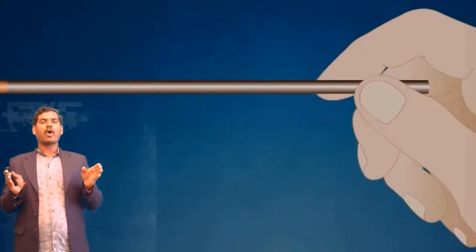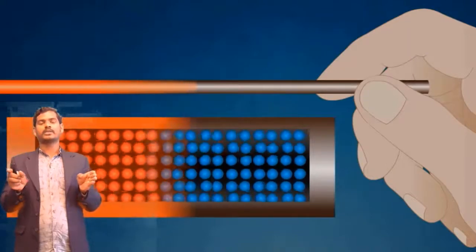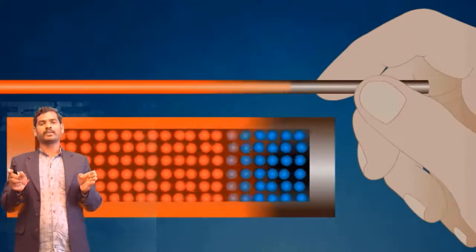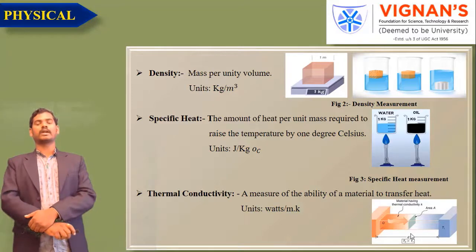Body A is the hot body, body B is the cold body. The third body has thermal conductivity K. Depending upon the thermal conductivity of the third body, the heat will be transferred from the hot body to the cold body. This is nothing but thermal conductivity.